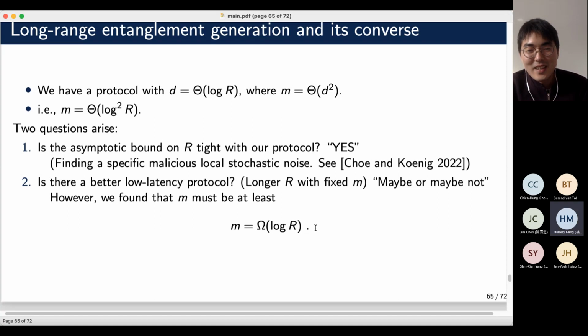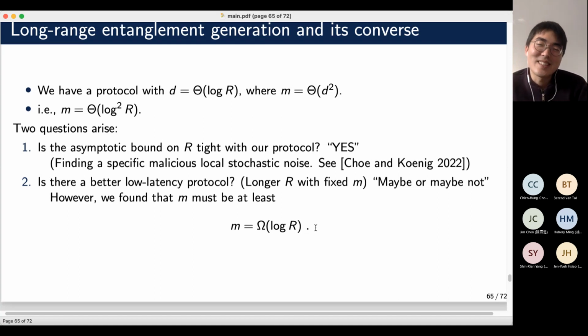Okay. Then why is it adaptive? In our case, we use adaptivity only for the final local correction operator, but you can generalize so that any U_j can be adaptive on intermediate measurement outcomes.